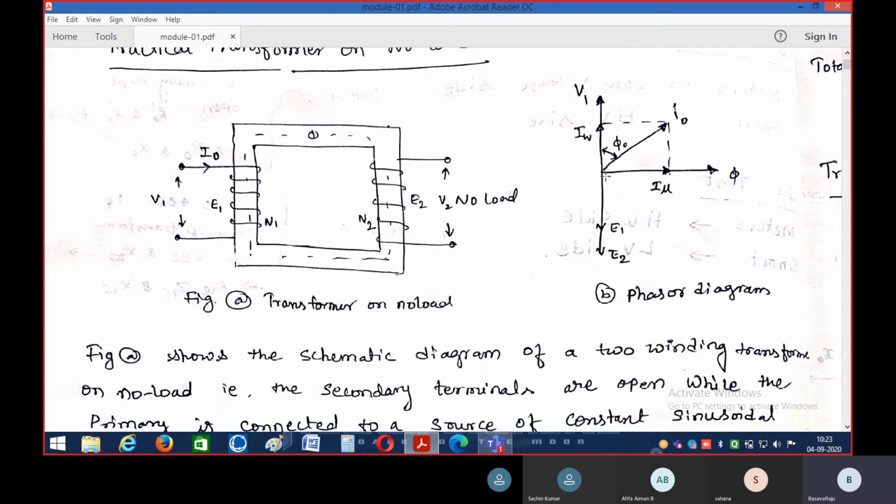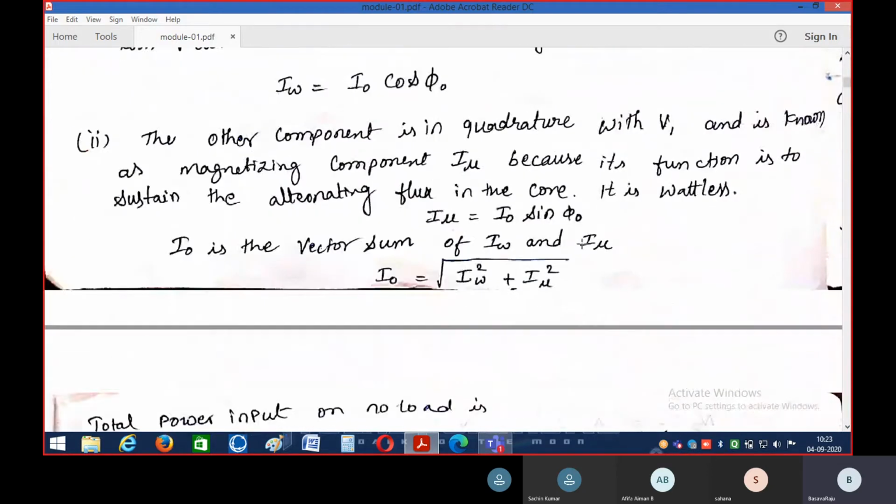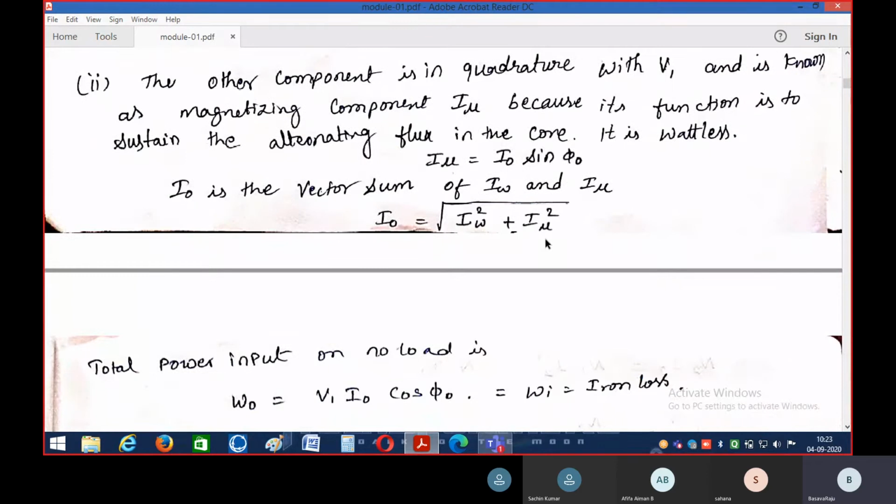So the magnetizing component of current is I naught into sin phi naught. And from the vector diagram, as we already discussed, I naught is the vector addition of I mu and IW.